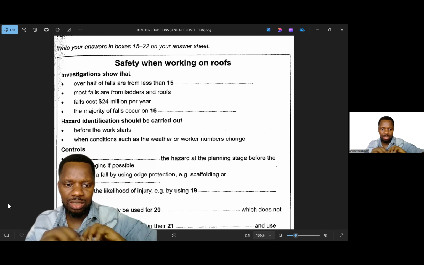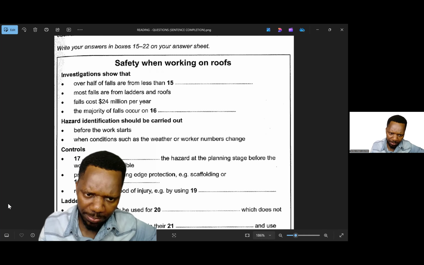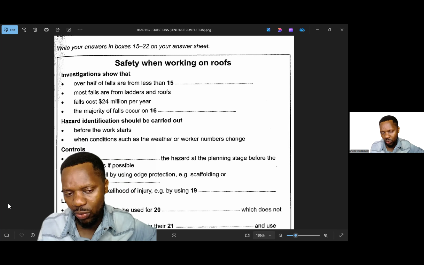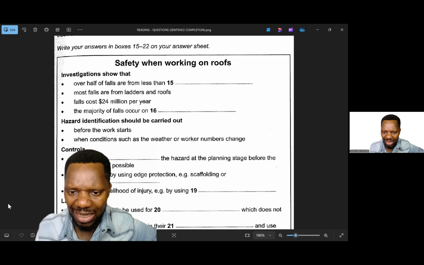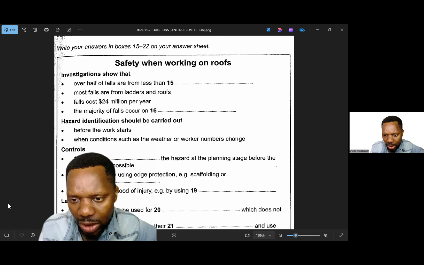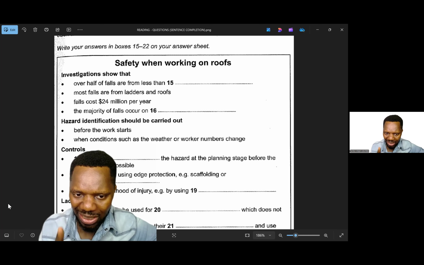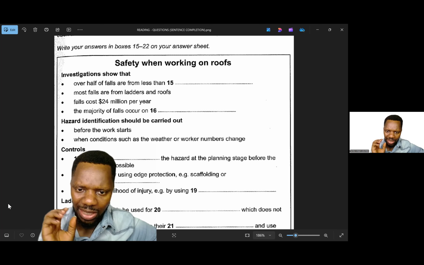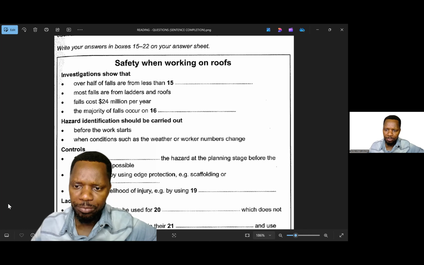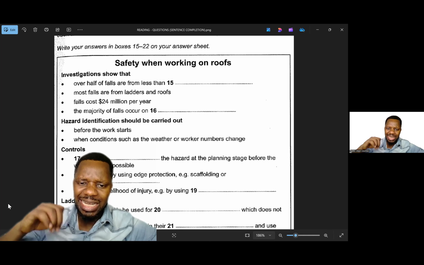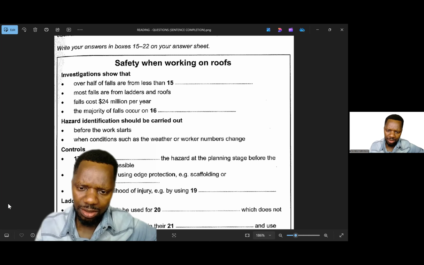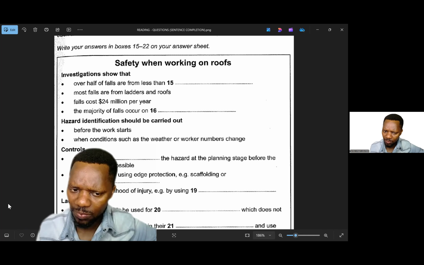So let's look at the question. When we go back to the passage, we know what we are looking for. Dash the hazard at the planning stage before the work begins, if possible. Secondly, prevent a fall by using edge protection, for example, scaffolding or dash.